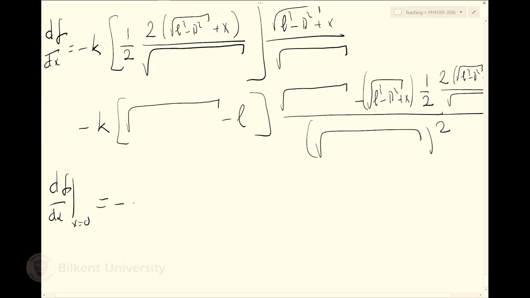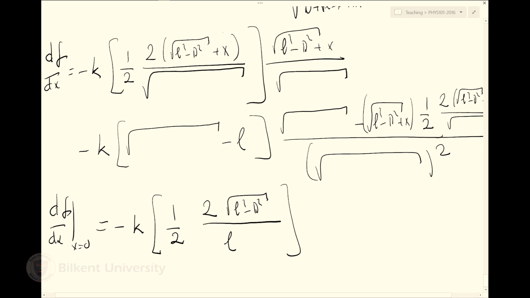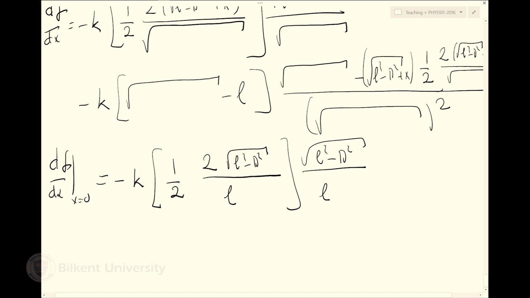I can just write minus K times 1/2 times 2 times square root of L square minus D square. I put x equals to 0. So that becomes L times square root of L square minus D square, divided by L, minus K times the second term, which is L minus L, which is 0.